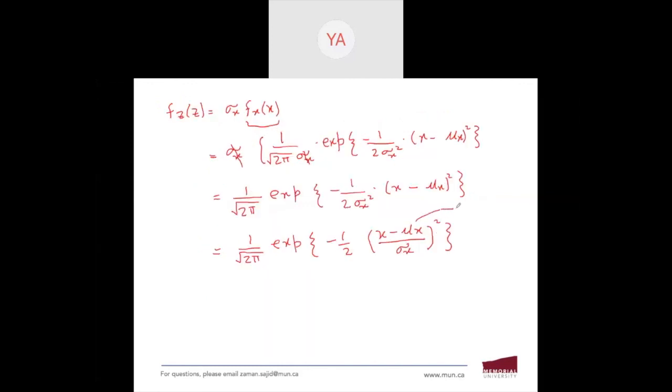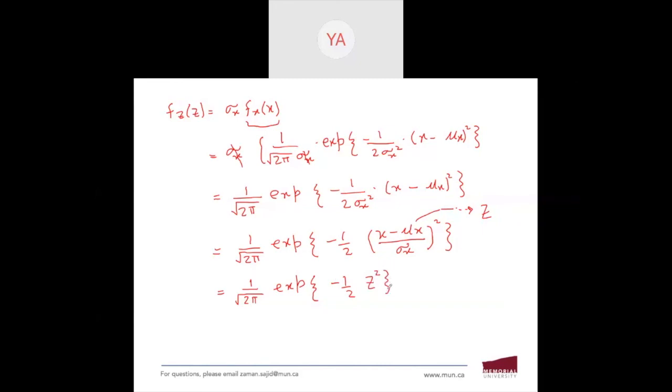So what I get here is 1 over root 2 pi exponential of minus 1 by 2 of z square.